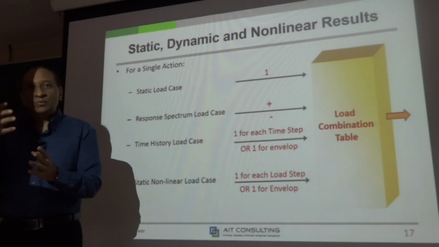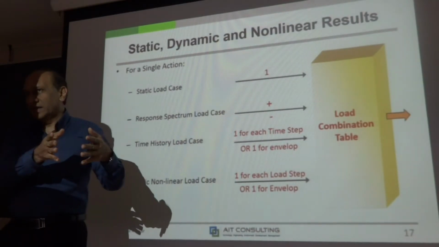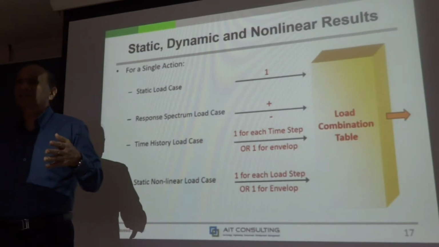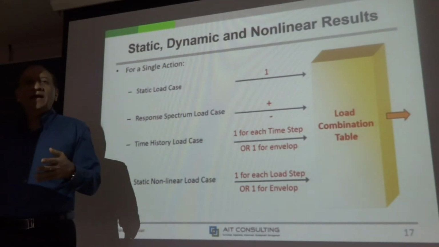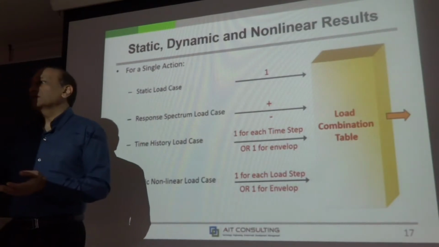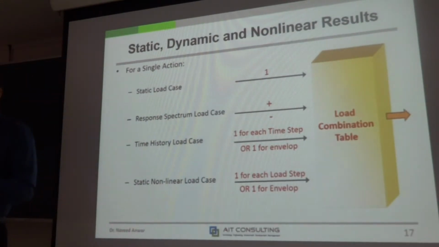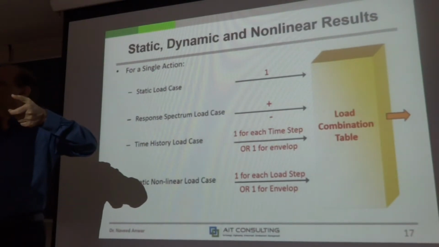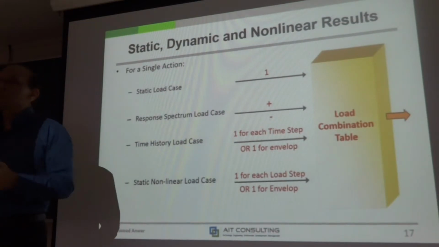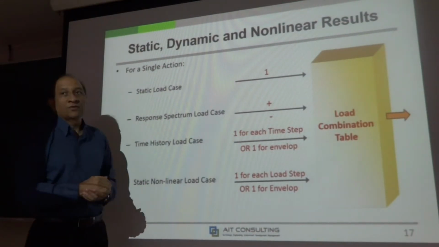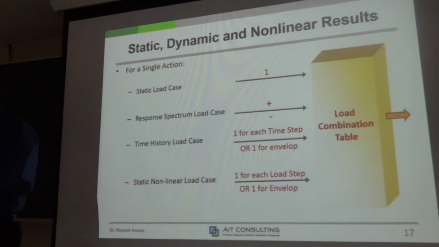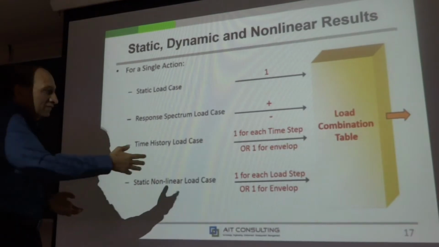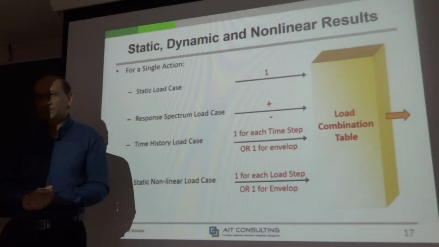Because the maximum Mx moment may have occurred after 10 seconds of earthquake, the maximum My moment after 20 seconds, and the maximum P at 25 seconds of earthquake, right? So you are trying to combine a condition which in fact never occurred together. That's why combining the envelope results for time history and nonlinear analysis is not really correct. But sometimes to save time, we can go ahead and do that.